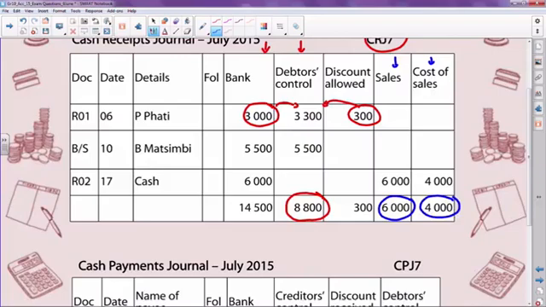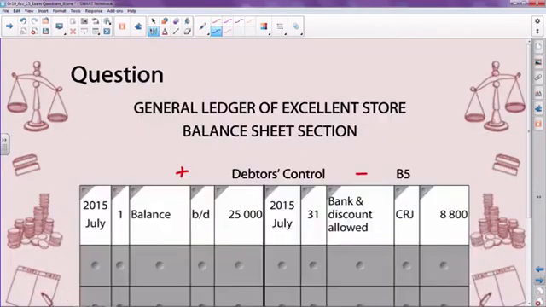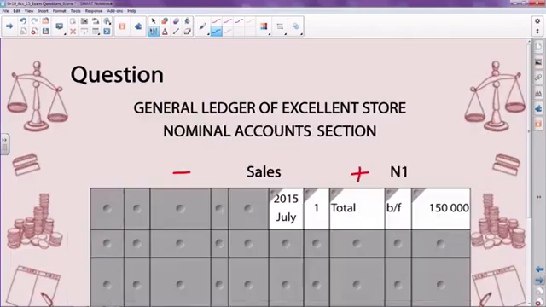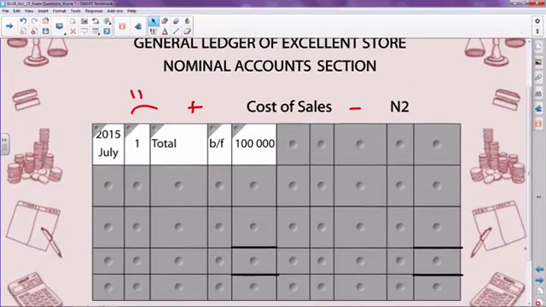Now, let's go look at the T accounts. So we're going back to my ledger on my answer book, go and look for the accounts. There is sales, sales going up again on the credit side. On the 31st, we have bank, we have CRJ, and 6,000. But now don't forget about your cost of sales. Your cost of sales going up as well on the debit side, 4,000 Rand.